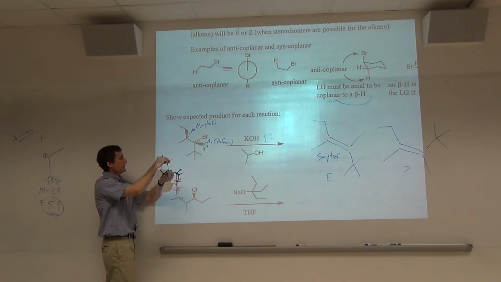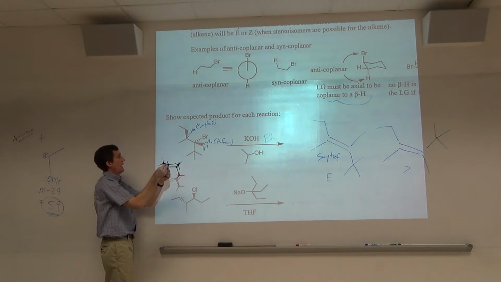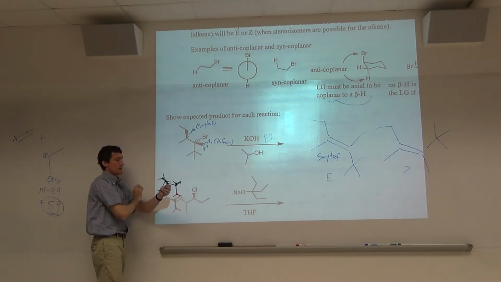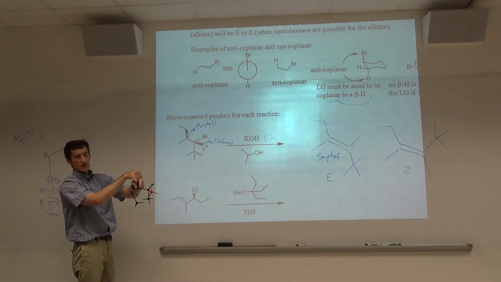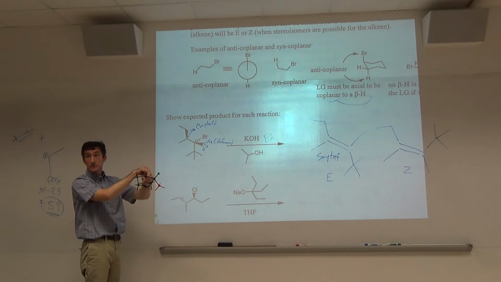The ethyl is forward, and then that can swing any way it wants. Straight down is the methyl. What's going back on that carbon? Hydrogen. That little guy's the H, and that's the one we're going to eliminate, right?